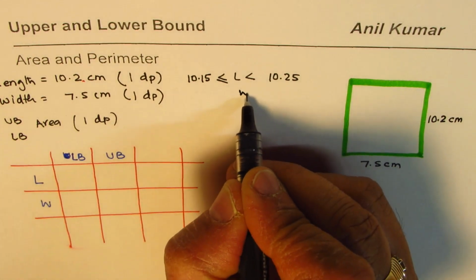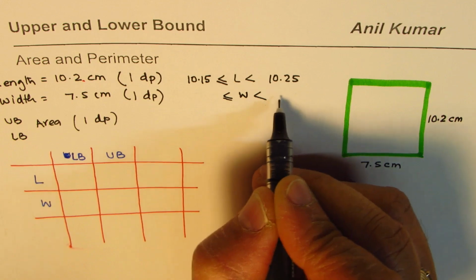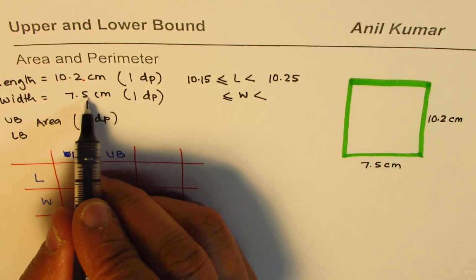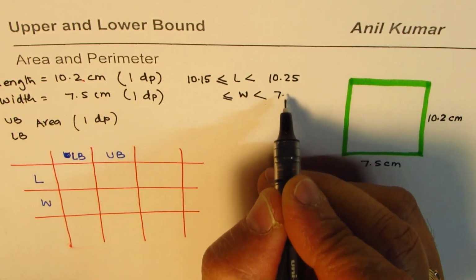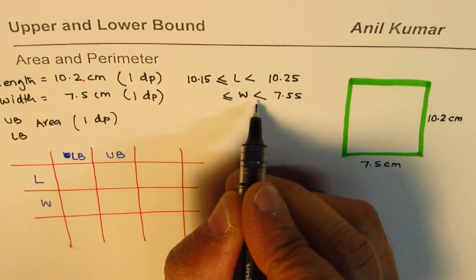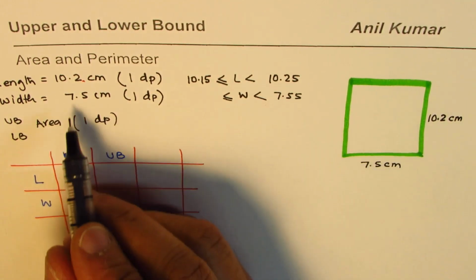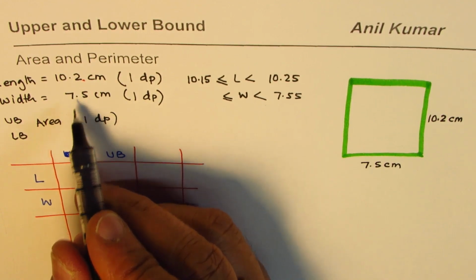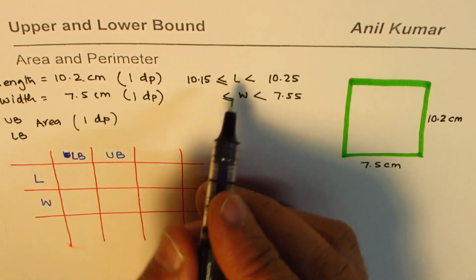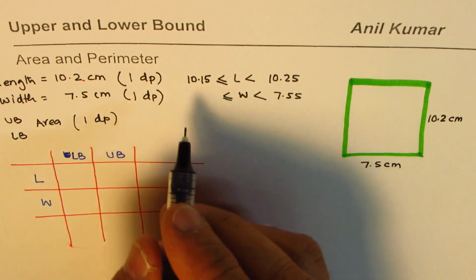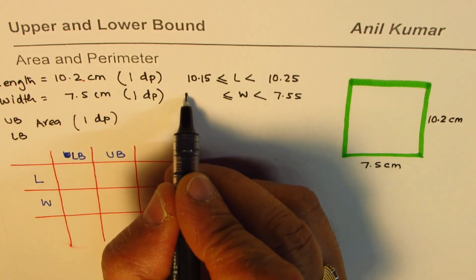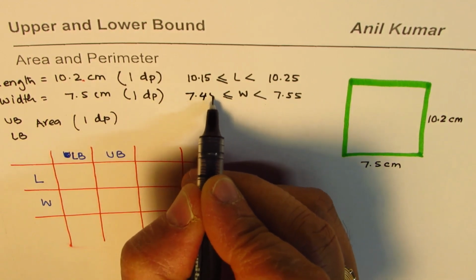Similarly, for the width, the limits will be like this. 7.5, so it could be 7.55, not including, because as you understand, it will round to a higher value, right? 7.6, but it's greater than or equal to, less 0.05 will give me 7.45, right?